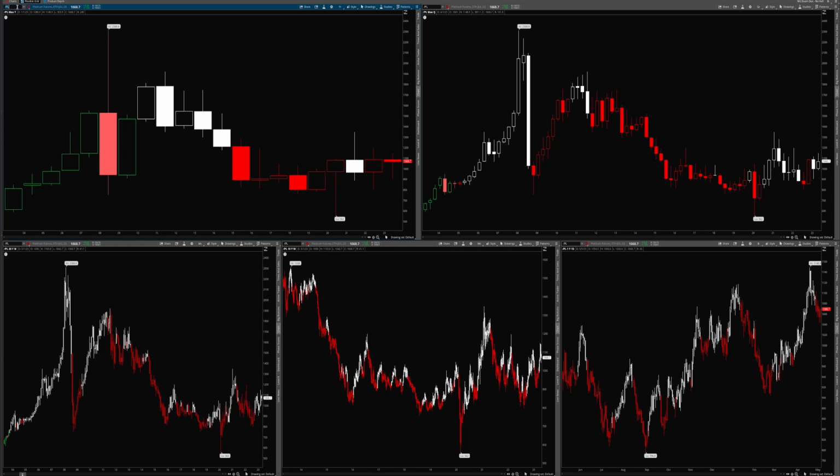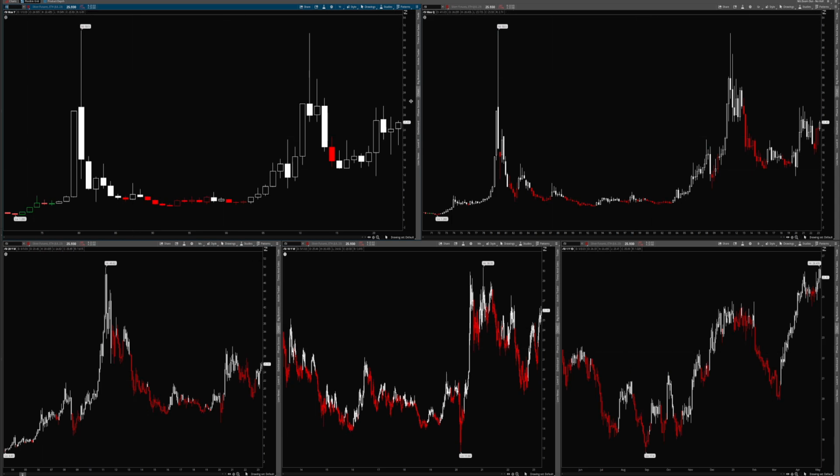The silver. Look at silver. $50. Remember when it hit $50? 1980. We hit it again there. Once you close above 30, it could push all the way to 37.